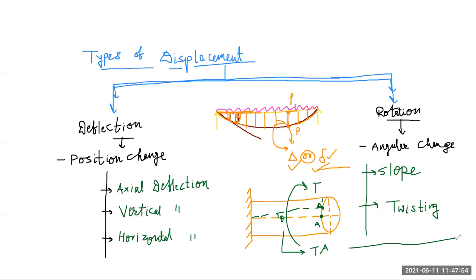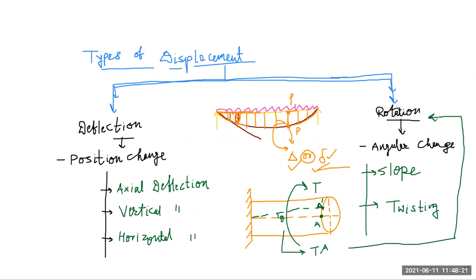So I think I discussed what is your degree of kinematic indeterminacy. I also discussed what the different displacements or deformations possible in a structure are. There are two types of displacement or deformation possible in a structure: one is deflection, other is rotation.